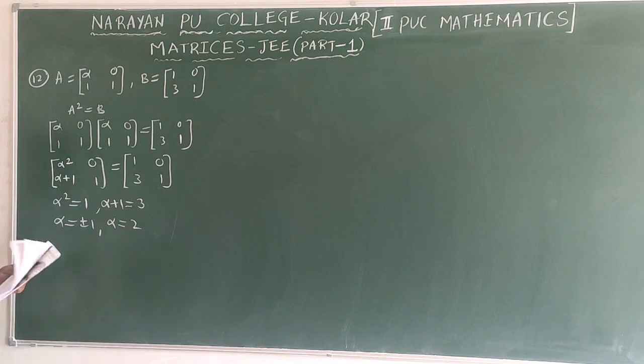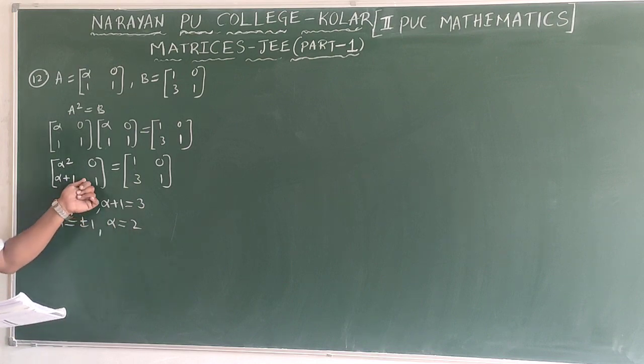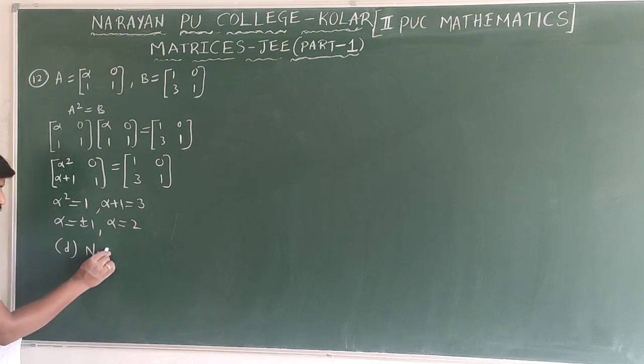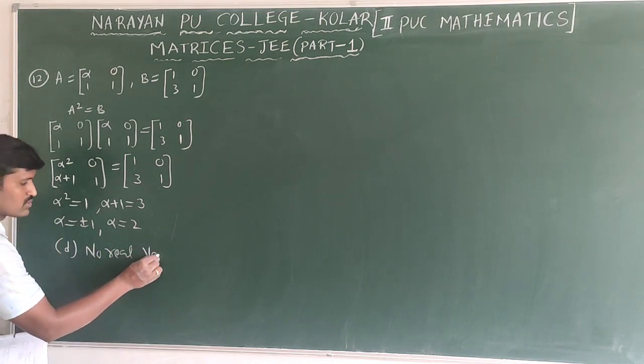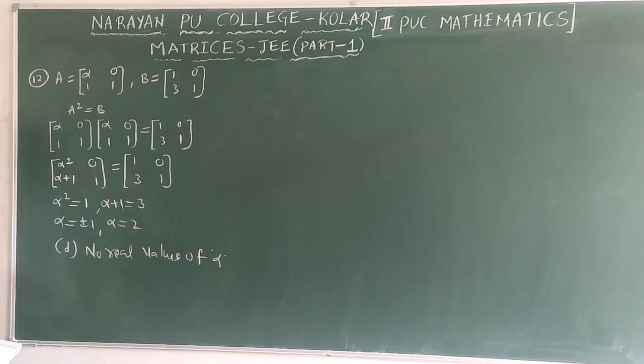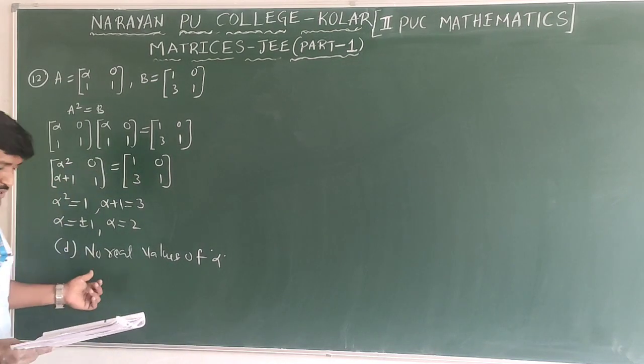That's why, here, what are the options given? 1, minus 1, I, and no real value of alpha, because these values are not satisfying this condition. That's why option D, no real values of alpha, because a real value means it will satisfy the equation, but it is not satisfied. Which option? Option D.